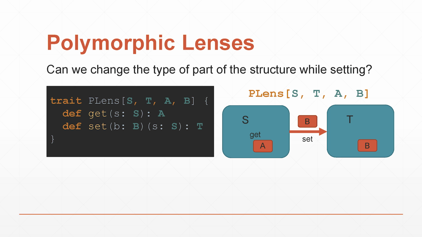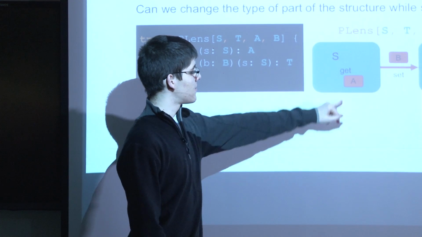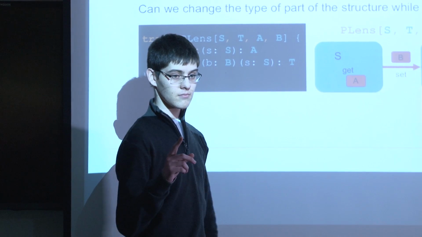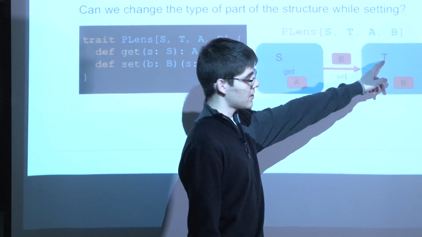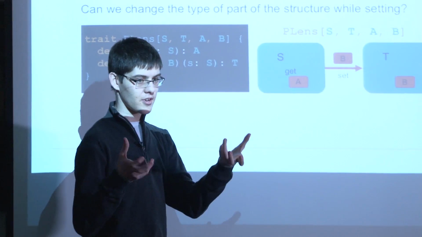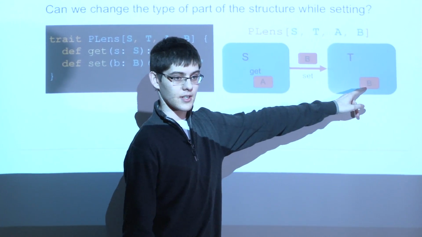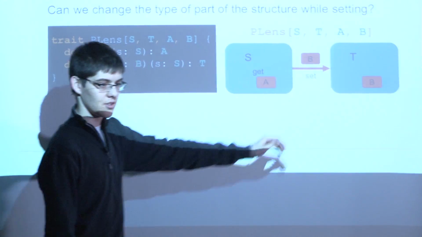Let's look at the previous example. The S was a pair of integers, and the A was the first integer. The B was the string hello. The T was the pair of a string and an int, and here's the string hello inside.